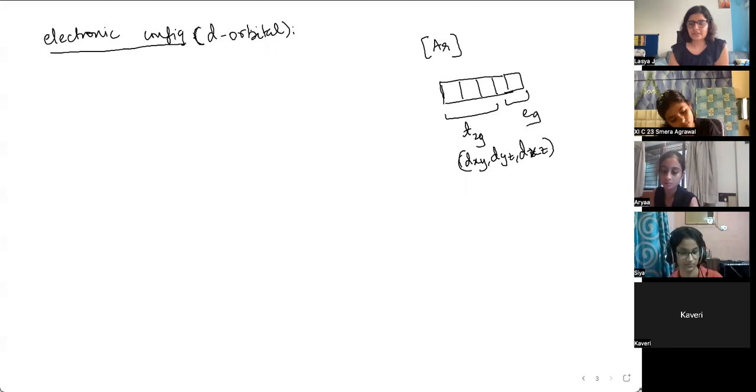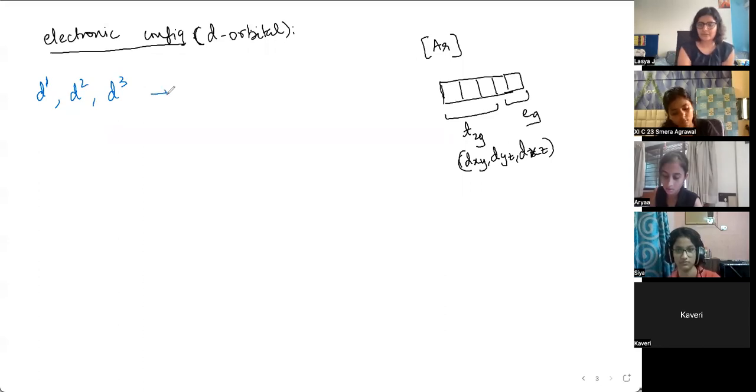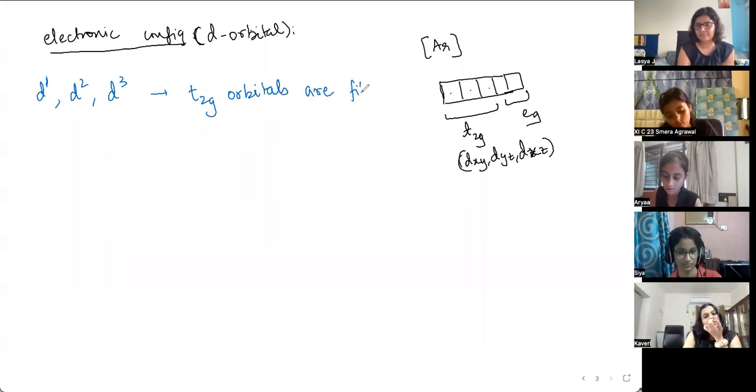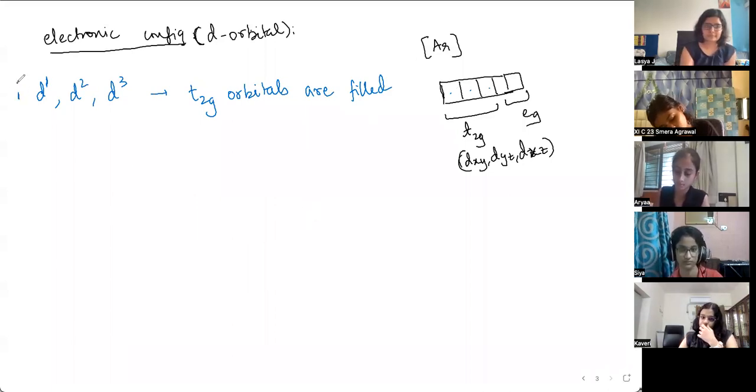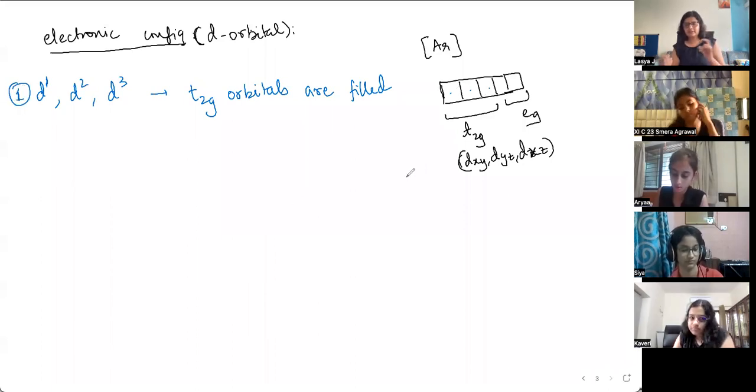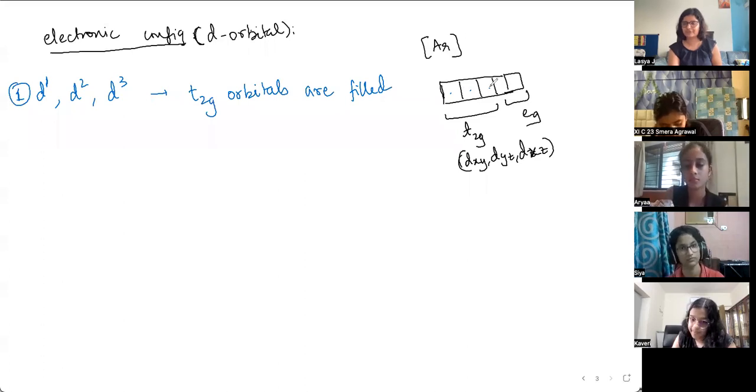Suppose you have a configuration of d1, d2 or d3, up to 3 electrons. In this case, single electrons start filling up the t2g orbitals. Whether there is splitting or no splitting doesn't matter, because it's always the t2g orbitals being filled first, one each. No difference.